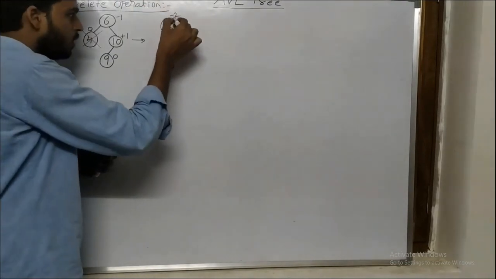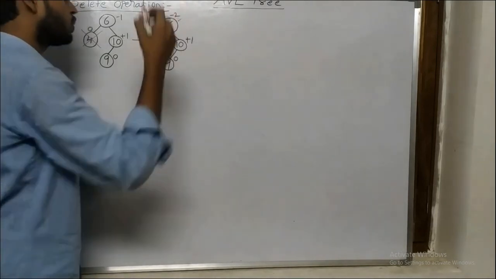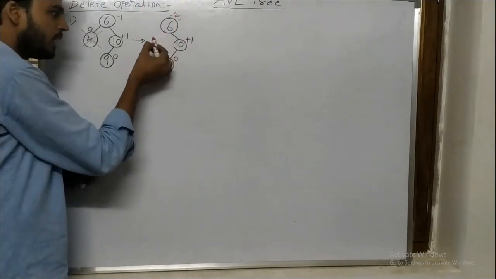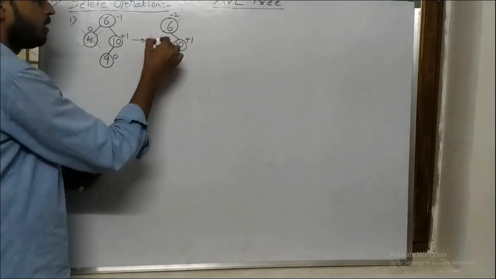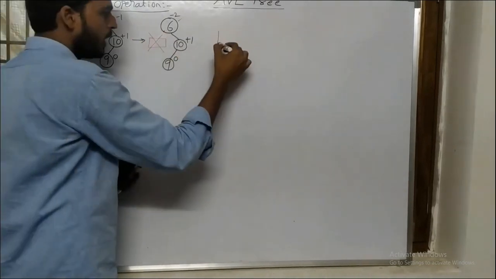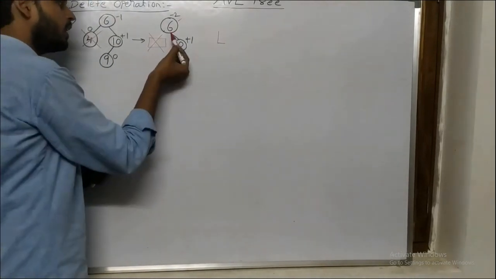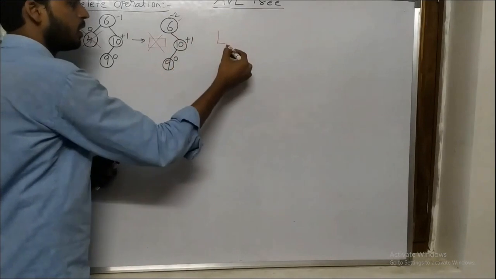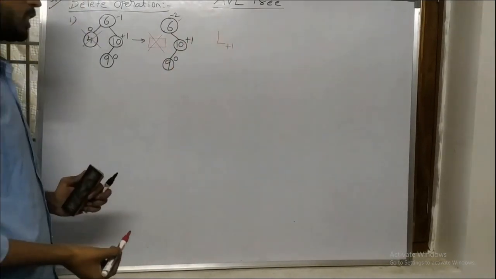This critical node, minus 2, occurred because of deleting its left child. Because of deleting its left side, I will call it L, and its right child balance factor is plus 1.